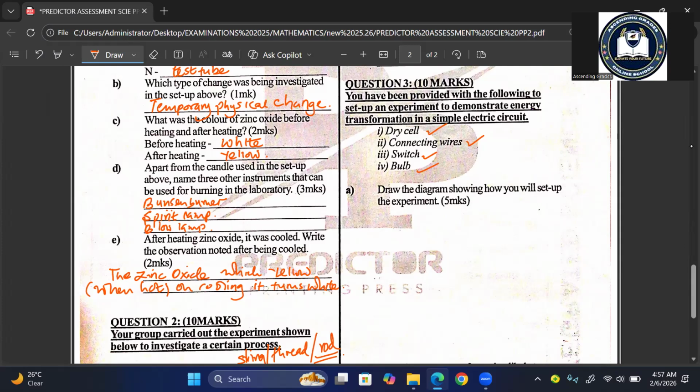Remember, you just want to give a simple electric circuit. So the first thing is we pick up the cell. So this is how we draw a cell. We just represent it using this sign.